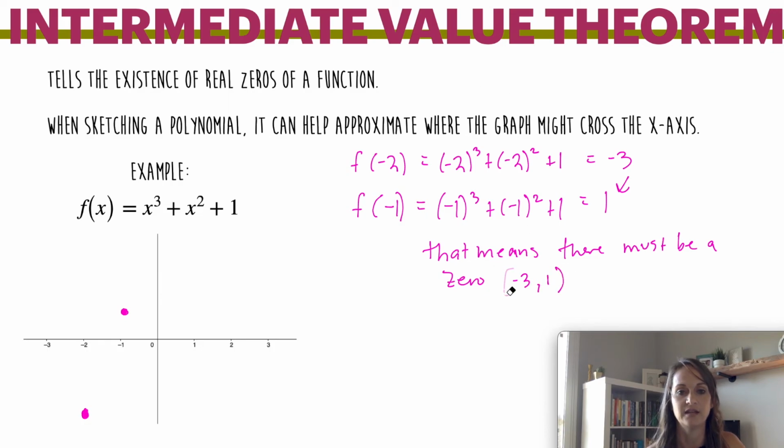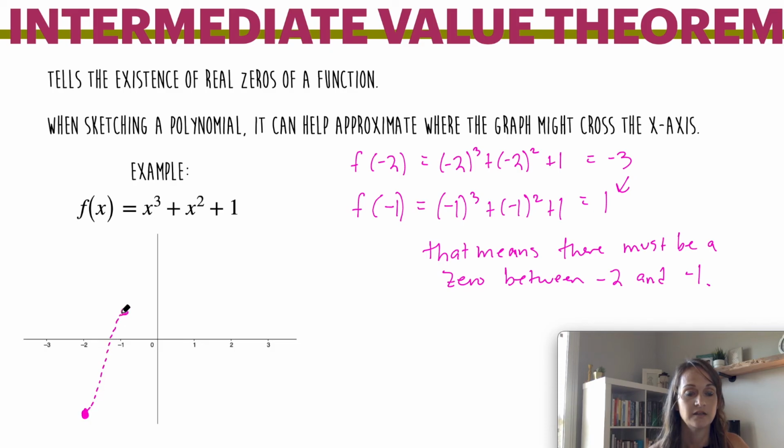I can't include negative, I'm sorry. There must be a 0 between -2 and -1. And the reason is because it goes from a negative to a positive, which means for them to connect, it had to cross the x-axis at some point, which means there is a 0 that lies in between these two x values.